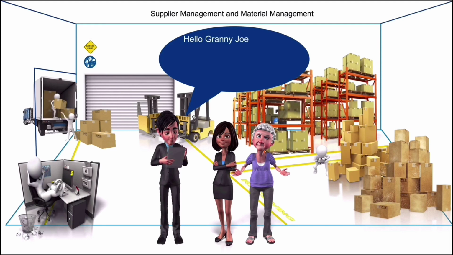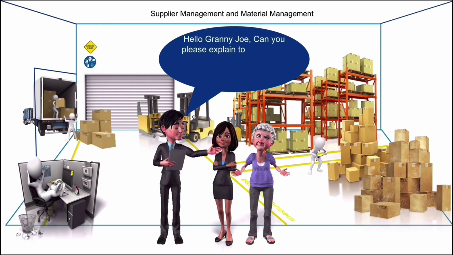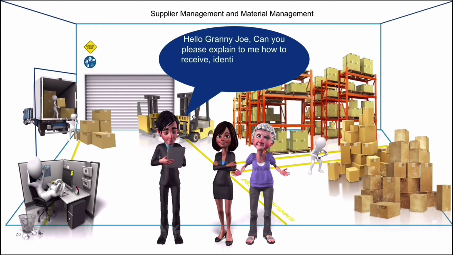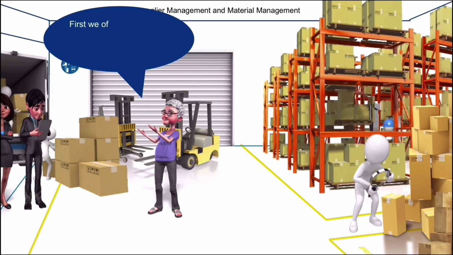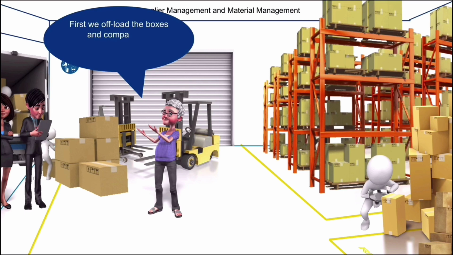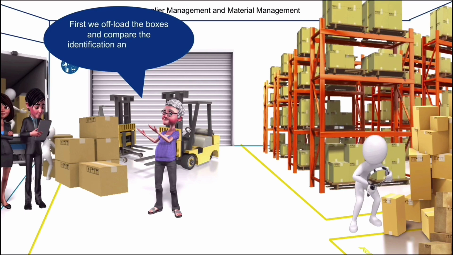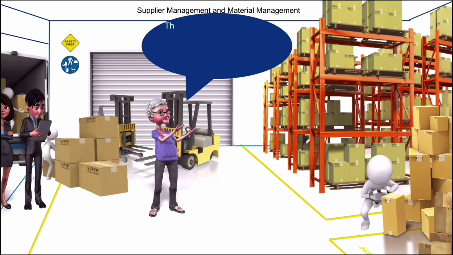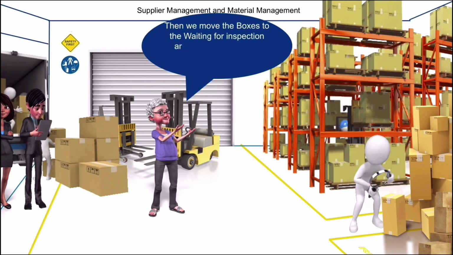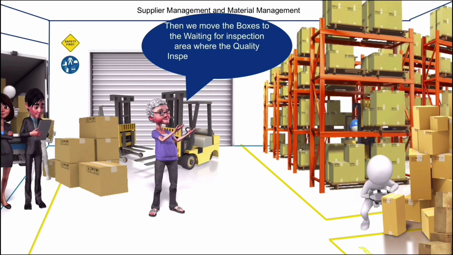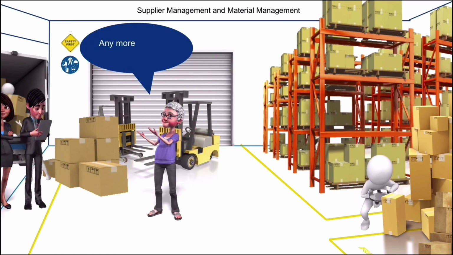Hello Granny Joe, can you please explain to me how to receive, identify, inspect and release the incoming material? First we offload the boxes and compare the identification and quantity to the delivery note. Then we move the boxes to the waiting for inspection area where the quality inspector takes samples for inspection. Any more questions, John?